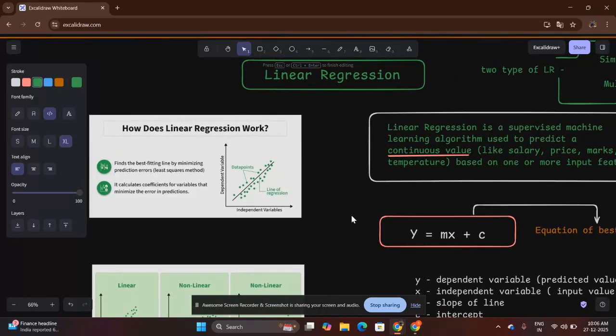Once the best fitting line is found, the model learns automatically how things happen when inputs come in and what output to give. So the model gets trained, and whenever we give a new input, the model gives a better output based on what it has learned.